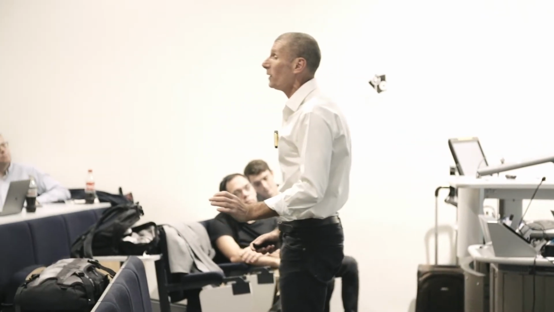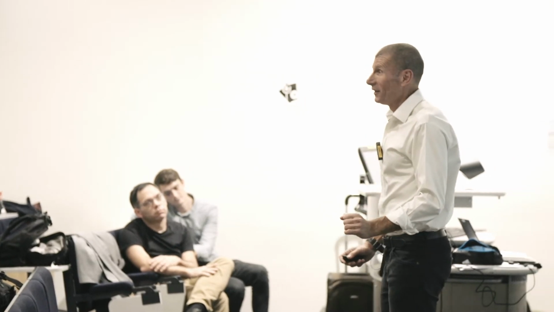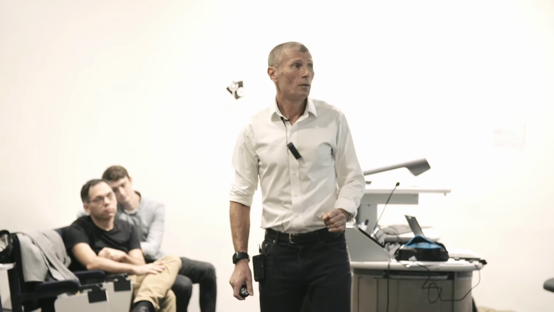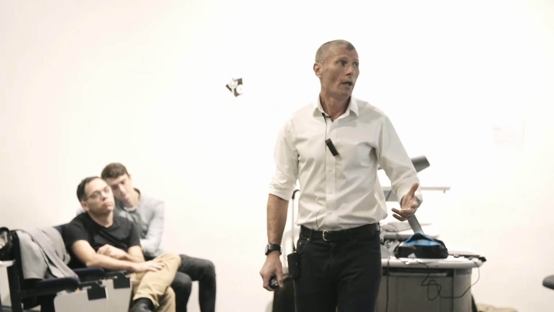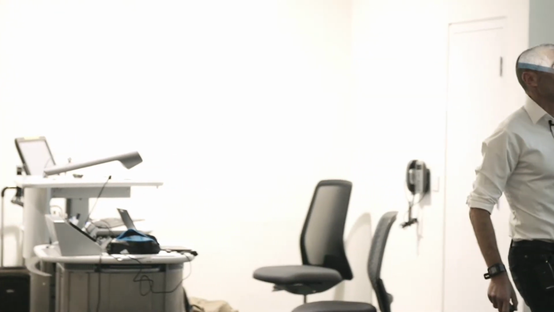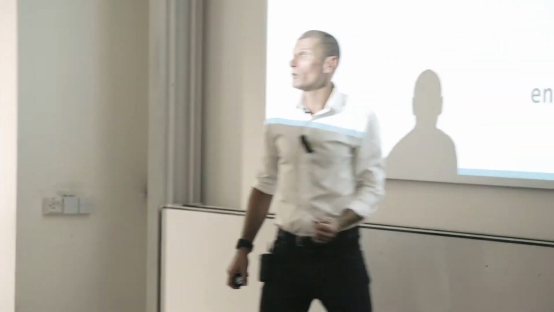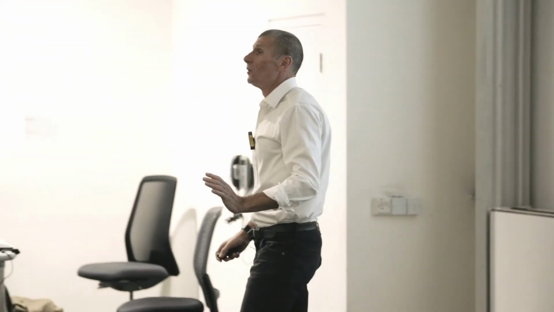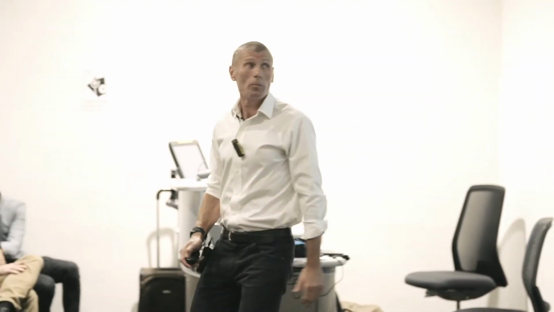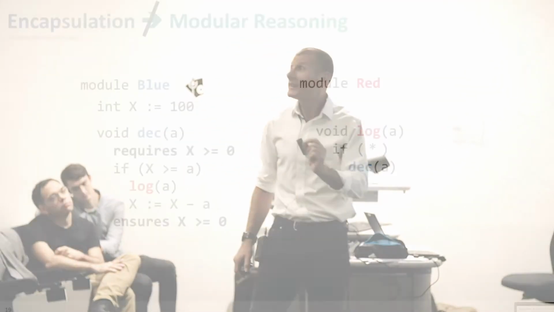Is it guaranteed to be correct? The idea is every time I check the value, I check that X is greater than 0, than A, and I reduce it. So it looks like I could drop the log. But in fact, it's not the case.